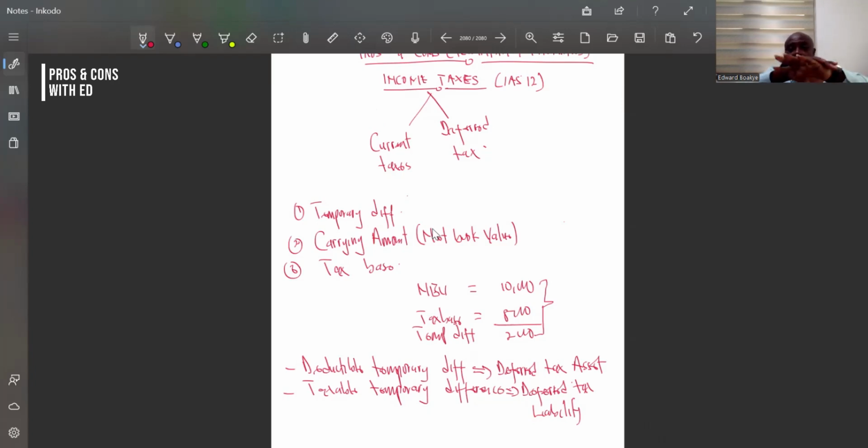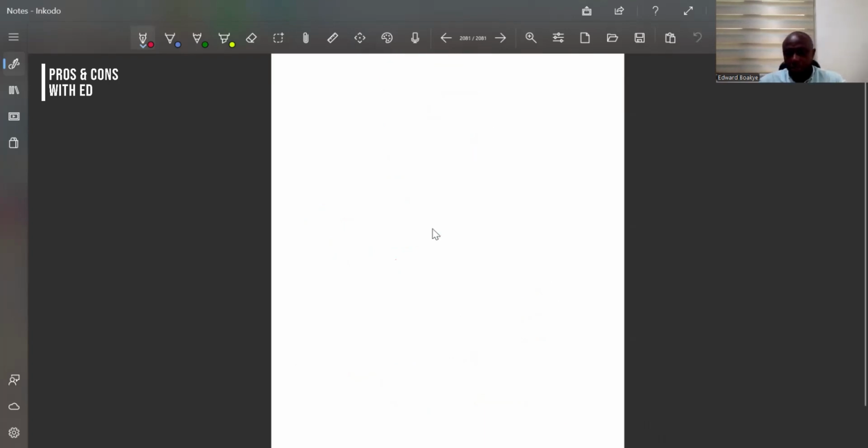So this is the simplest explanation that we want to give you on income taxes, talking about current taxes and then deferred taxes. Now, let's give a brief summary of all we've done so far in dealing with deferred taxes. One, you have to determine the carrying amount.